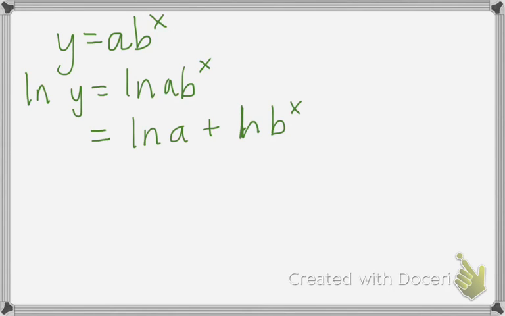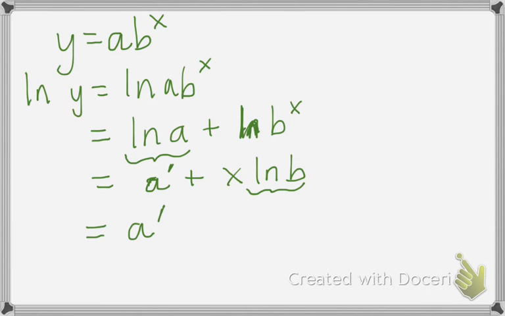Now you might recall, like I said before, ln a is just some constant, so we'll call that a prime for now, just some new constant related to a, plus bring down the exponent, x ln b. Likewise, we have ln b as some constant, so we have a prime plus x times b prime.